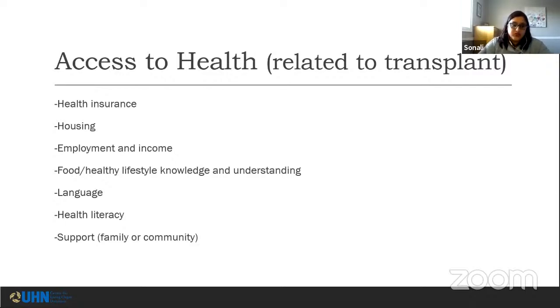And then just to support, again, language is a big piece. I think multi-generational families can be very helpful for some of our patients. And we have seen families that are more traditional, with very specific gender relations and gender roles.